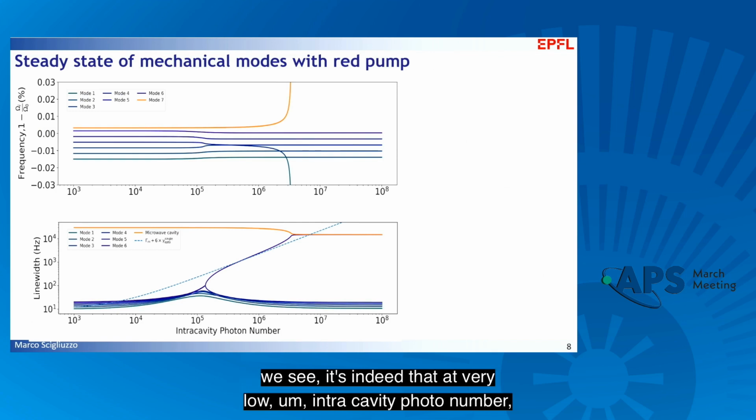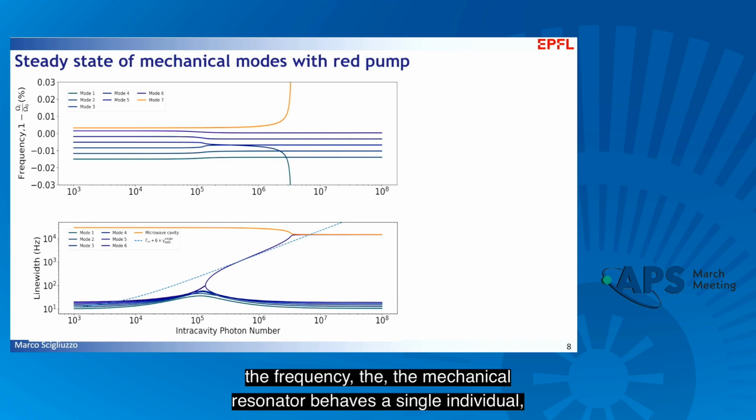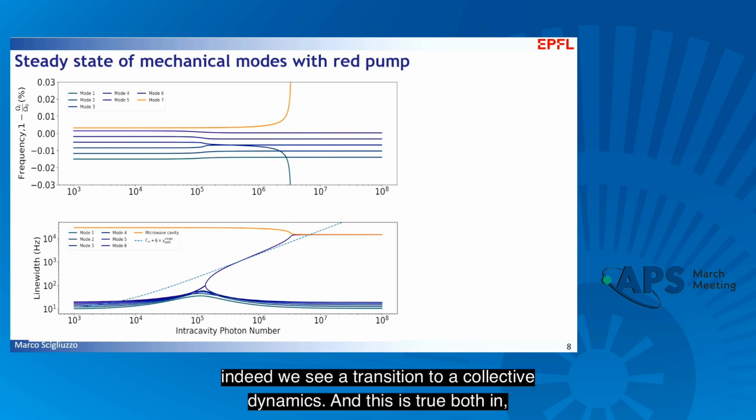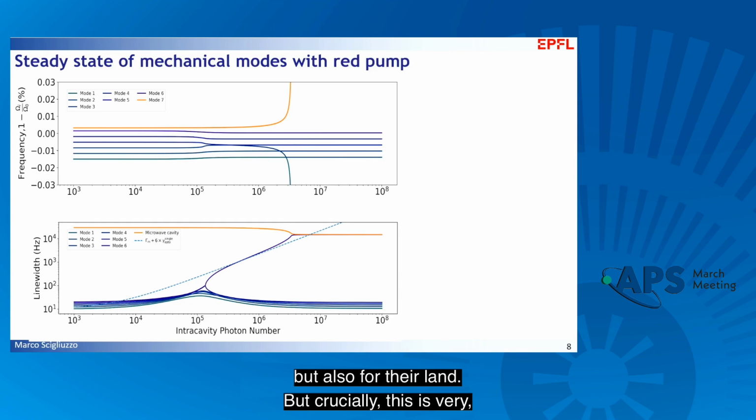And what we see is that at very low intracavity photon number, the mechanical resonators behave as single individual elements, but at some point, for some value of photon number, we see a transition to a collective dynamics. And this is true both for the frequency of these mechanical resonators, but also for their bandwidth.